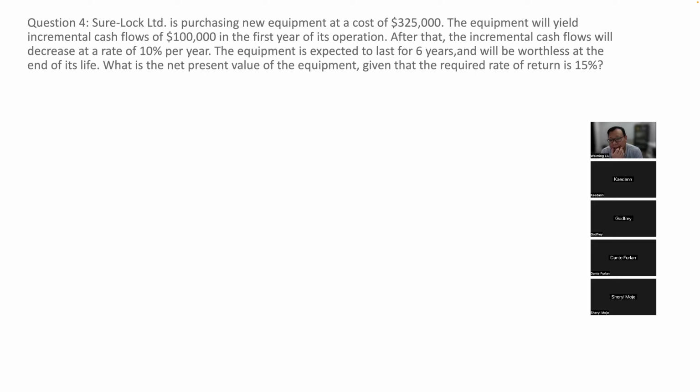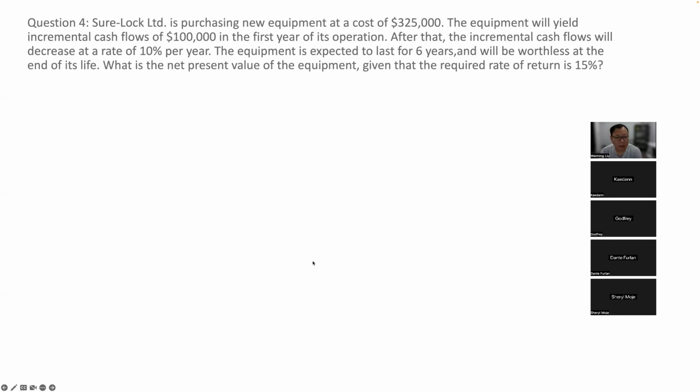After that, the incremental cash flows will decrease at a rate of 10% per year. The equipment is expected to last for 6 years and will be worthless at the end of its life. What is the net present value of the equipment given the required rate of return of 15%?